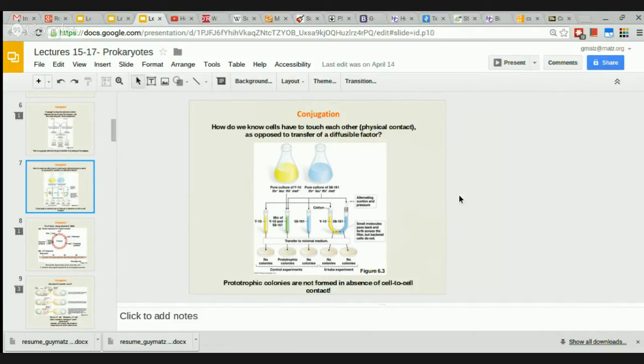And so if you prevent the mixing of the two strains, there's no conjugation, you do not see the formation of prototrophic colonies that are also called exconjugants. So the only way you can see the products of conjugation is if you actually allow the cells to touch each other.